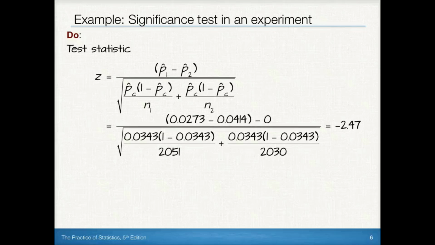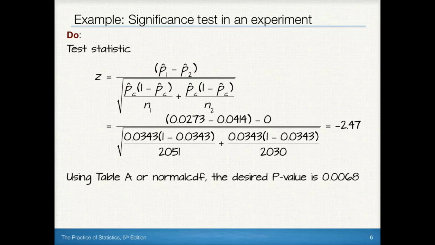For our test statistic, we use our test statistic formula. We observed a difference between our sample proportions. We use our pooled proportion in our standard error calculation, and inserting all of the appropriate information and performing the calculation, we get a z-score of -2.47. Now, using table A or normal CDF, the desired p-value in this case will be 0.0068.